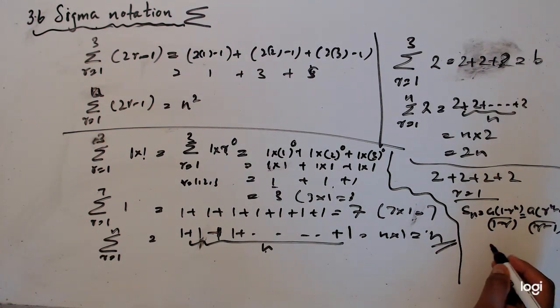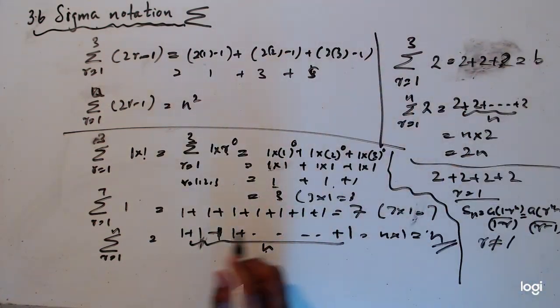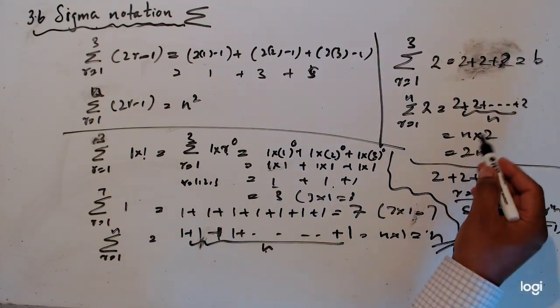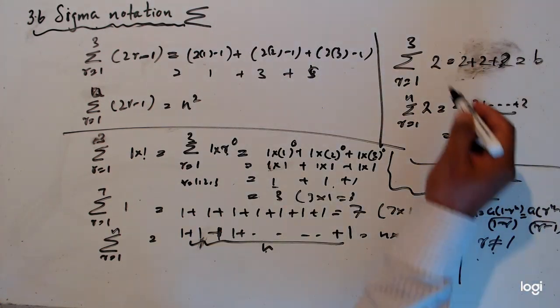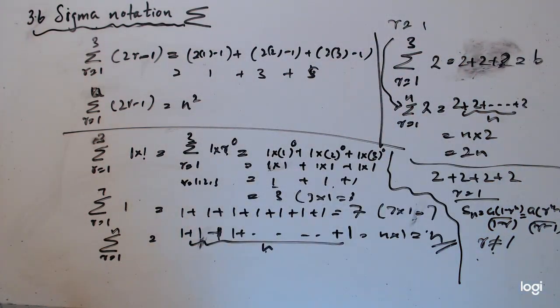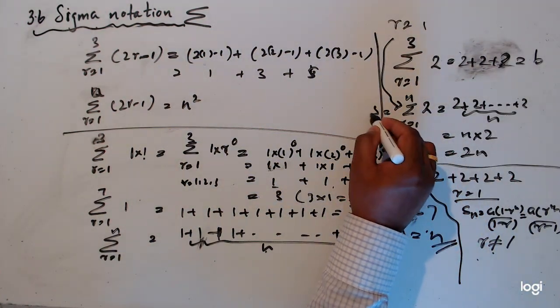But we can only apply these for r not equal to 1. But here you can see r equals 1. So now you can manage how to find n when the r value is 1. So this is basically Sn.